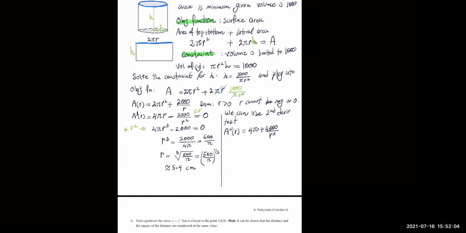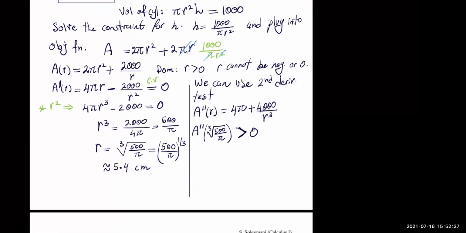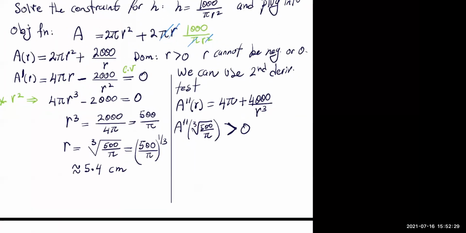So A double prime of 5.4, or you can just leave the critical value as is, is greater than 0. Again, guys, you don't need to plug it in for me because it is pretty obvious. Positive, positive. Whatever I plug in for r, it's positive.